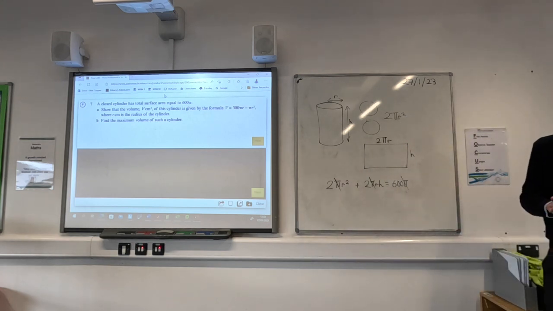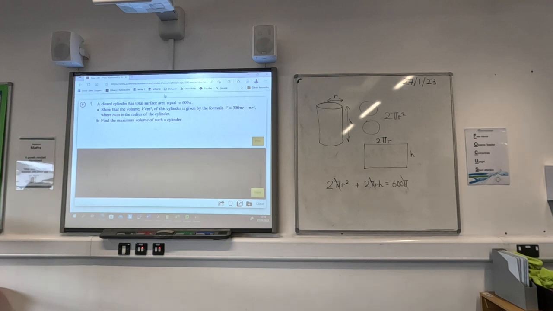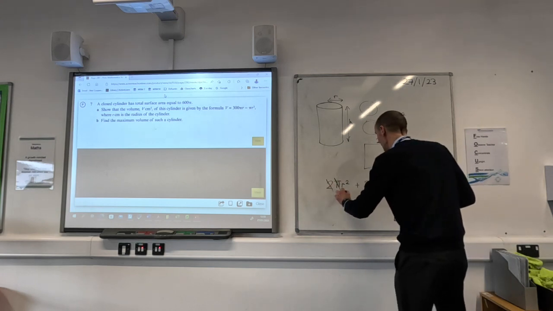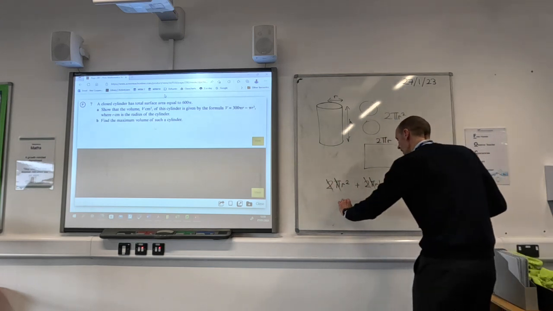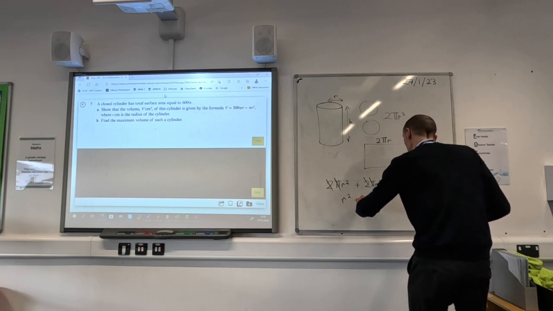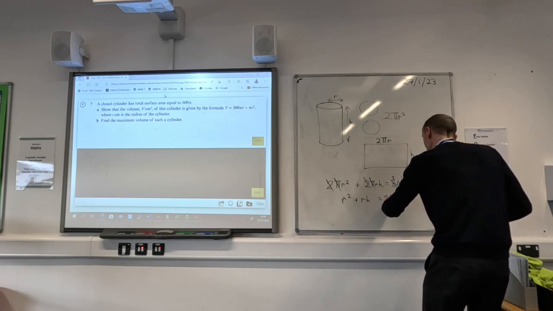Is there anything else, Ollie, I can divide by to make it all a bit simpler? Perhaps looking at the numbers rather than letters. 2, yeah, divide everything by 2, then. So we're left with r squared plus rh equals 300.